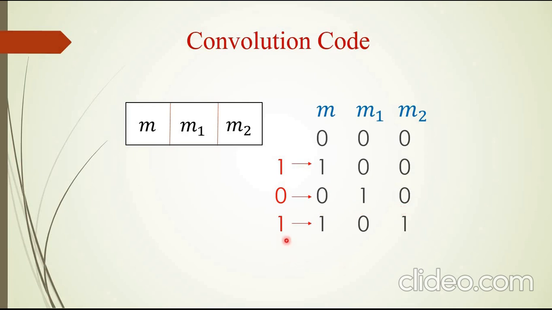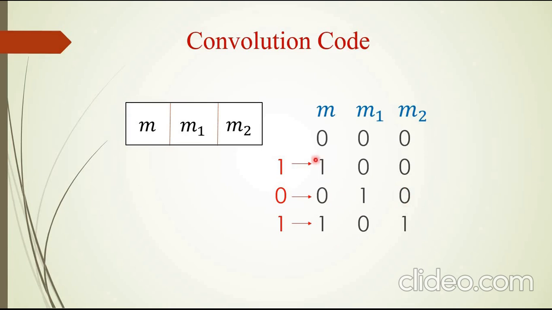Now, if I enter a 1 bit over here, this bit will become 1, the previous 0 will shift over here, this 1 will shift over here, and this 0 will get discarded. Now the state will become 1 0 1.